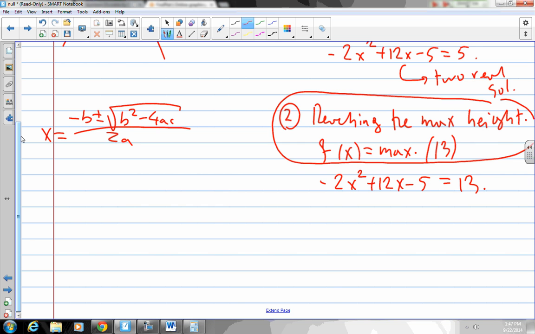If the discriminant is 0, what is left out of a quadratic formula? Remember the discriminant is the radicand. So if that equals 0, what's left? Negative b over 2a. So the x value of the vertex is always negative b over 2a. That's it. Isn't that lovely?